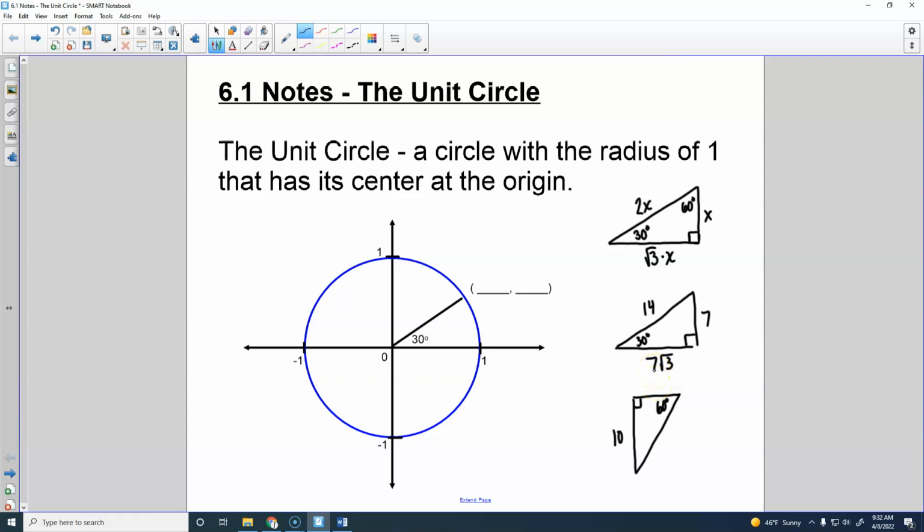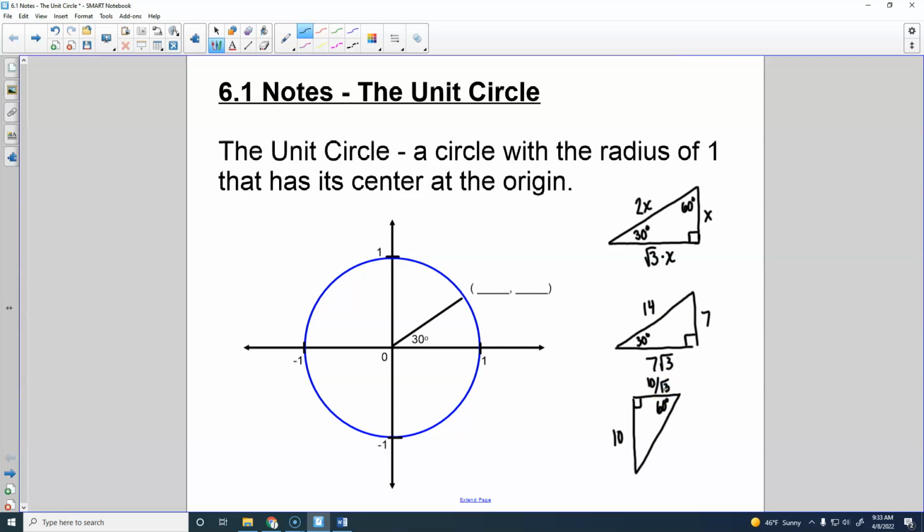It's going to involve a square root, but we're not square rooting it. We divide by the square root of 3, because to get from short leg to long leg, we would multiply by square root of 3. To go backwards, we would divide. So this side right here would be 10 divided by the square root of 3.